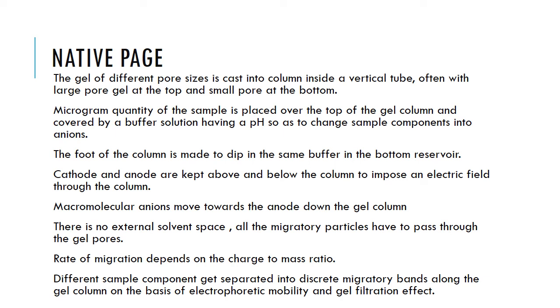We are going to see how that is affected. If we put in different sample components, they will be separated into discrete migratory bands along the gel column on the basis of electrophoretic mobility and the gel filtration effect. The gel filtration effect will be in place, and the electrophoretic mobility will also be in place.